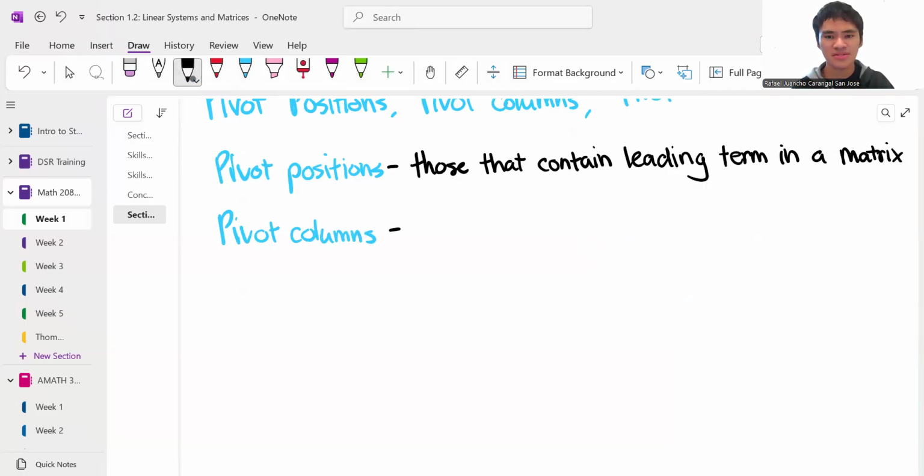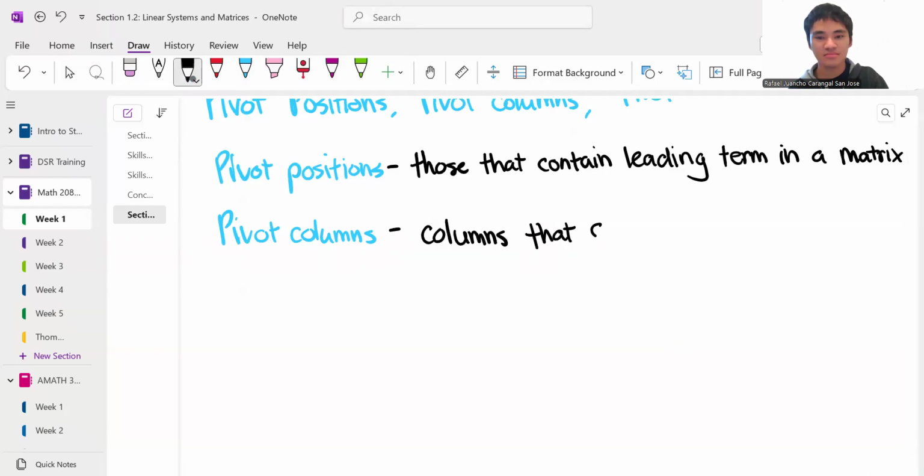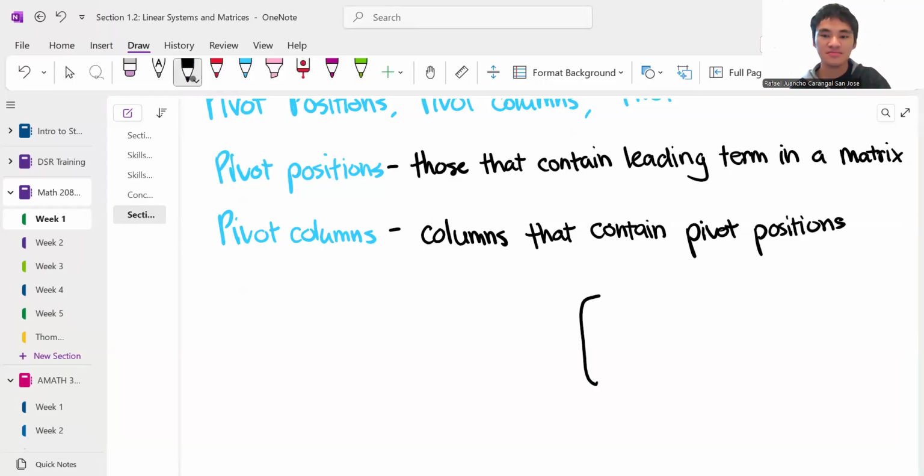Pivot columns are basically the columns that contain pivot positions. Here we're building off of what we said earlier. Take that matrix again.